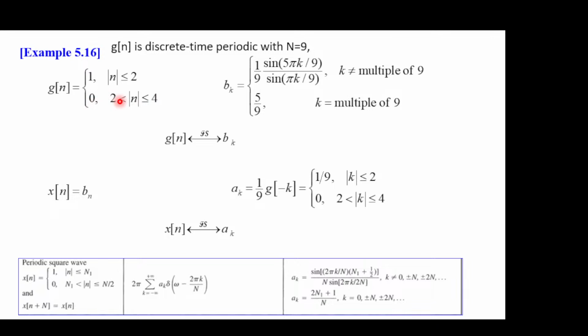Let's draw this. One period is between -4 and 4, so it is a square wave.